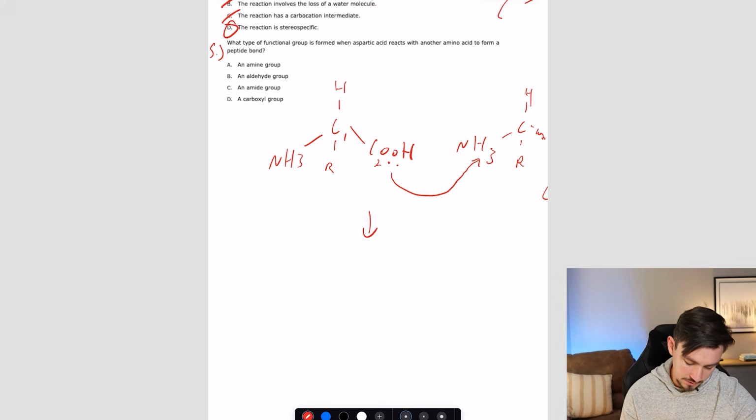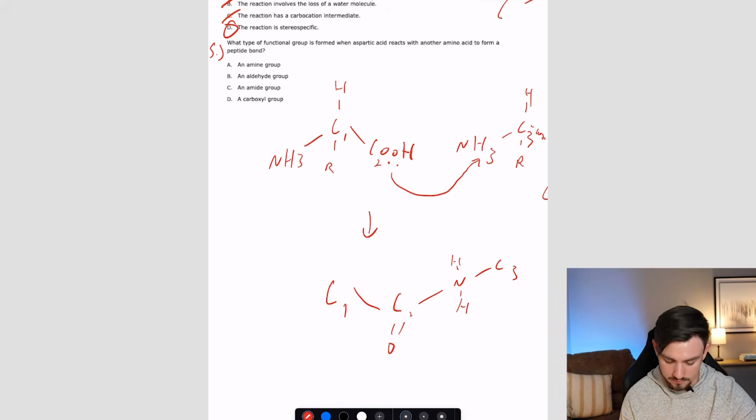So it's going to be composed of C1 connected to C2, which is still bound to oxygen, connected to nitrogen, which is bound to hydrogens, etc., C3. And so they're asking what functional group is formed.